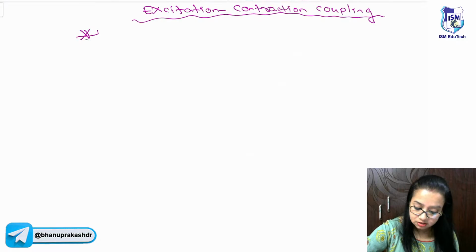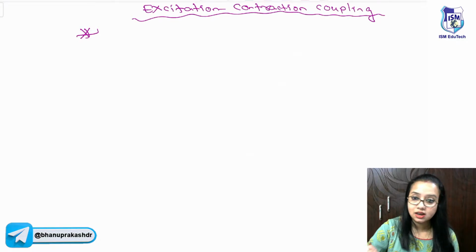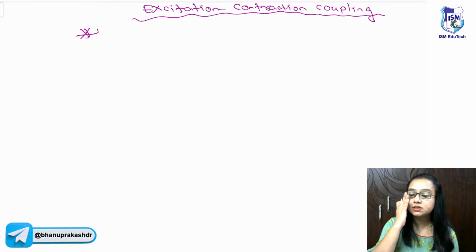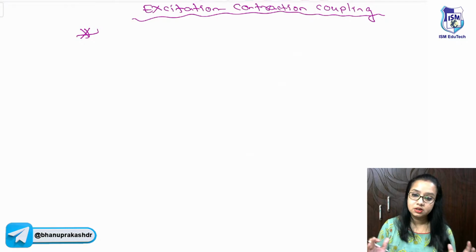So, a very quick revision of that, and then we go to the process of excitation contraction, because when we study the excitation contraction process, we would be separately understanding what happens to the actin molecule, then what happens to the myosin molecule, and then we will club these two processes together and understand the whole excitation contraction process as one.